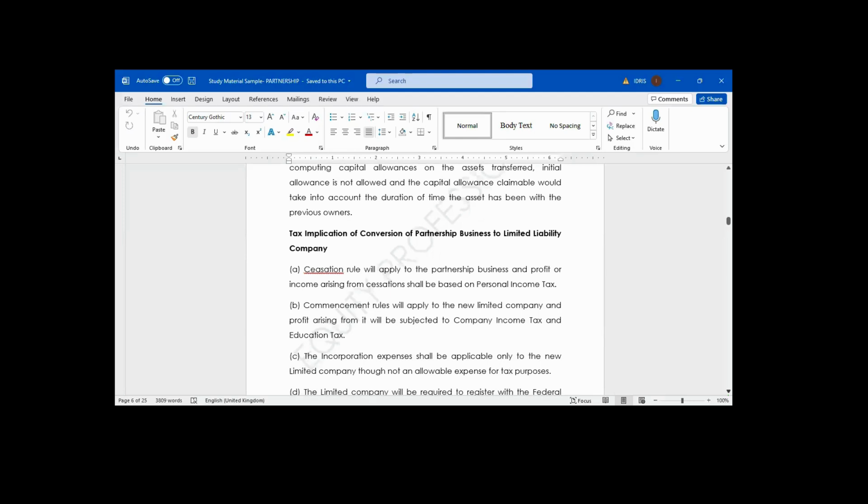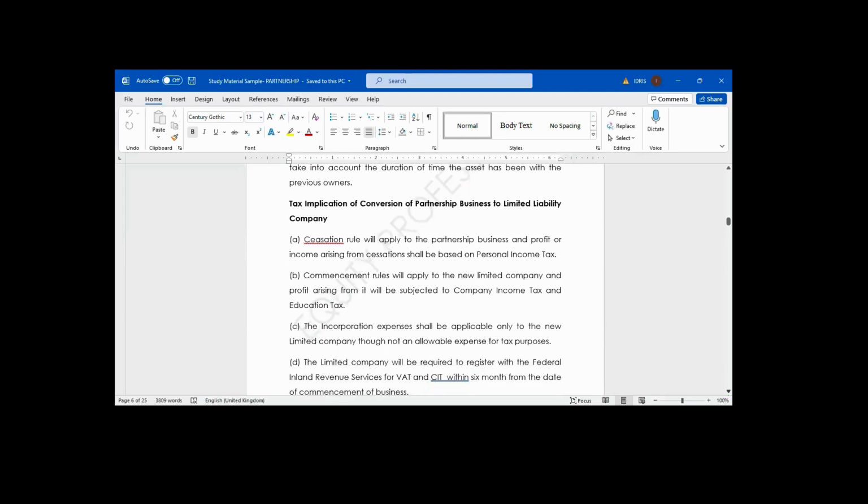The next one, commencement rule, we apply to the new limited company.